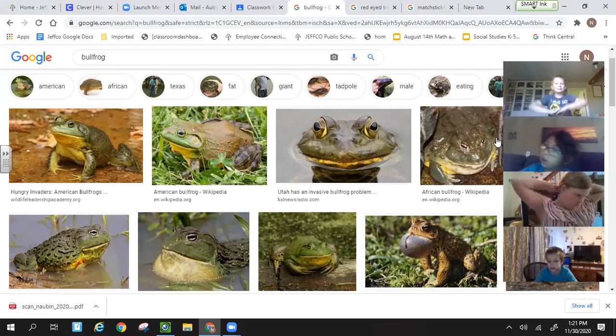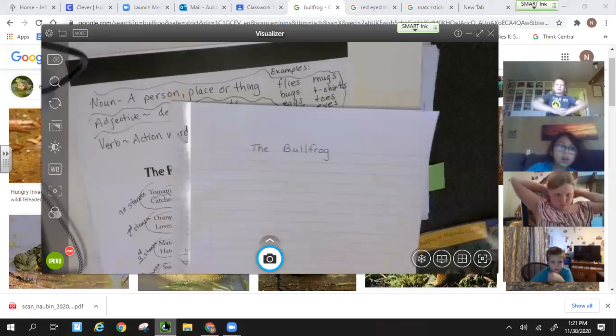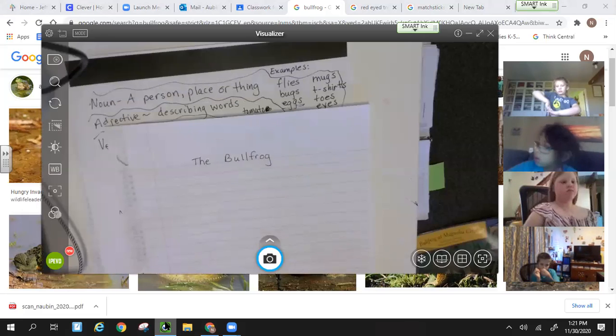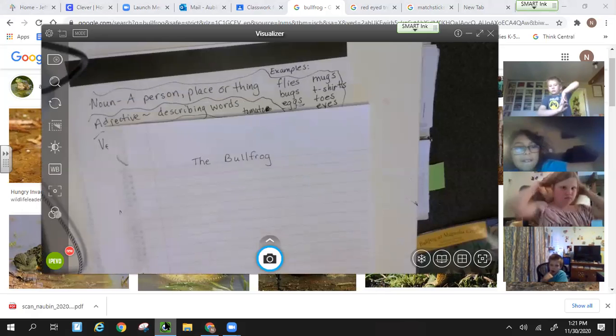Okay, let's go back. So we got to describe what it looks like. We know it's big and round, or we could say big, but then I don't think it dances. It doesn't do a jig, so I can't rhyme with big very good. I don't think it likes to eat figs.